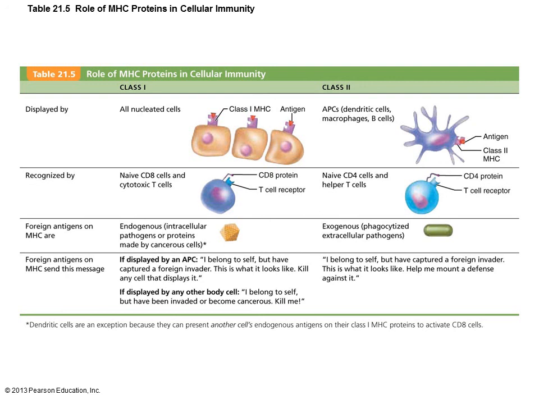In the case of MHC class 1, endogenous pathogens such as cancer cells and virus infected cells are presented to cytotoxic T cells, so that they can kill them.